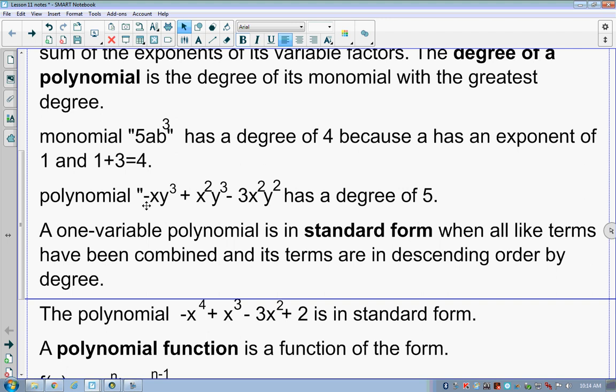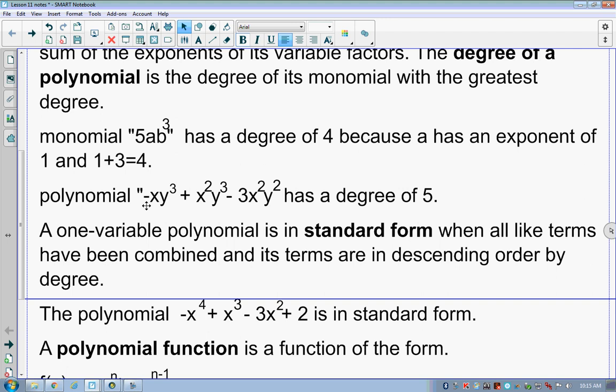The largest degree there is 5, from the x squared y cubed, so the polynomial is said to have a degree of 5. It's not the first one, it's not the last one, it's not the number with the largest coefficient, it's the monomial with the sum of greatest exponents.